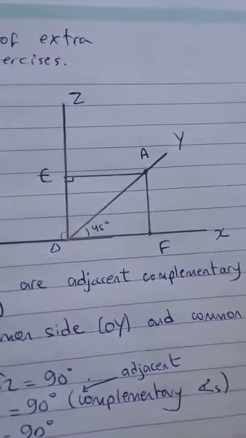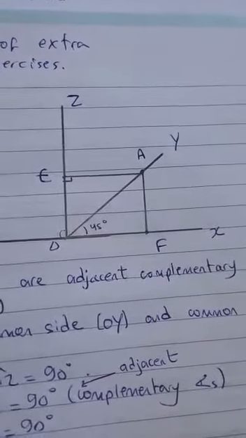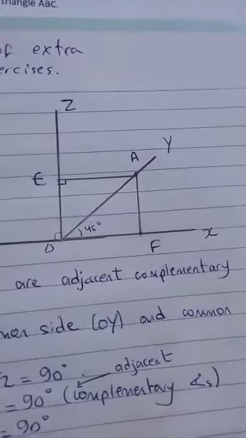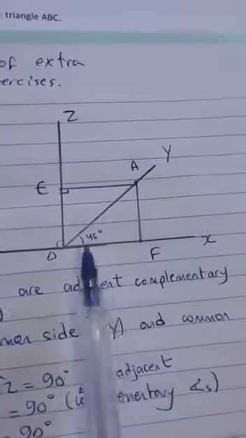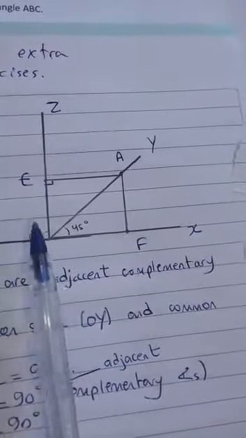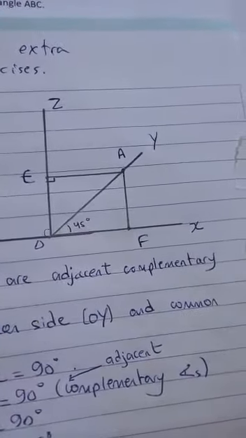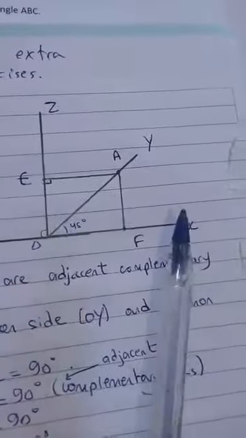When we hear the words adjacent complementary, as we said before and explained, XOY and YOZ share the common vertex O and the common side OY, and their sum must be equal to 90.